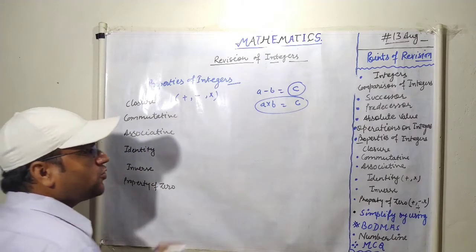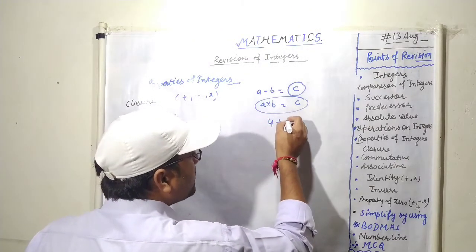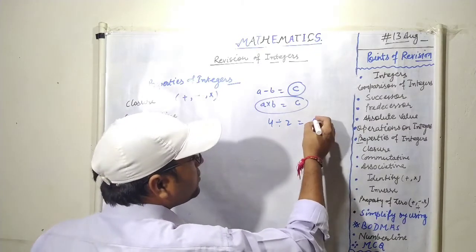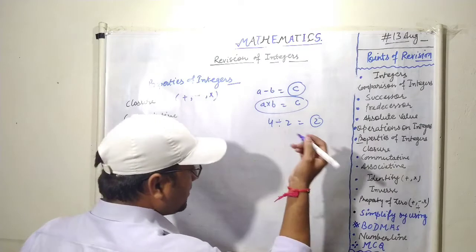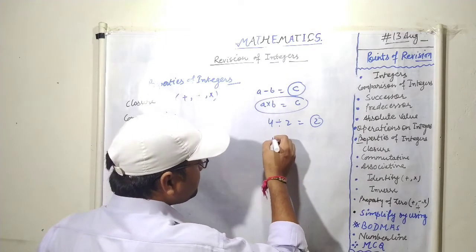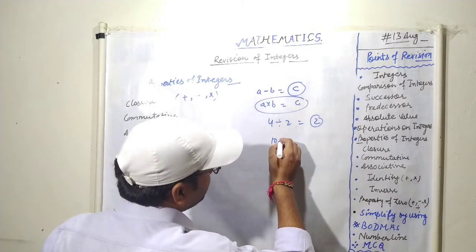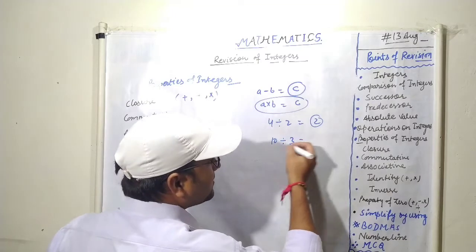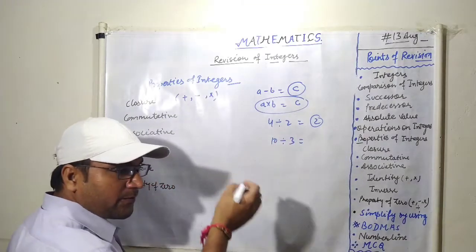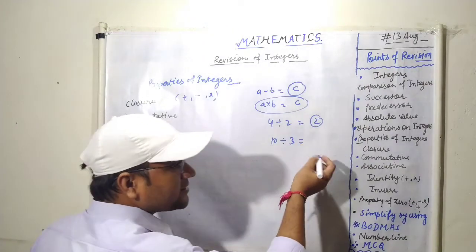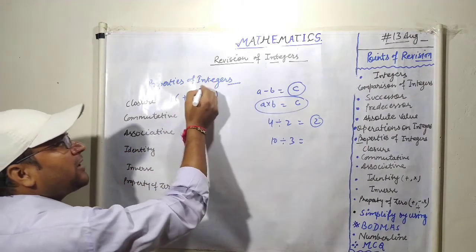division, because if you divide 4 by 2, in this case you get 2, the same kind of value. But suppose you divide 10 by 3, in this case you are not getting an integer; it does not belong to the family of integers.